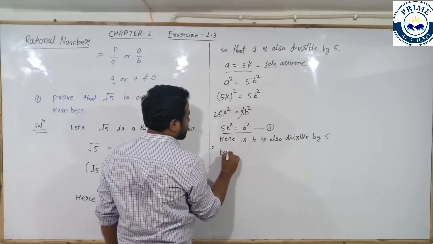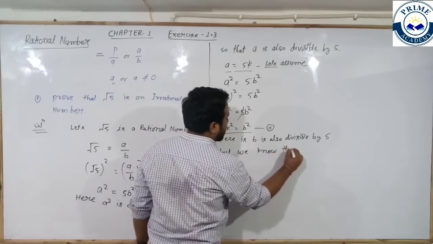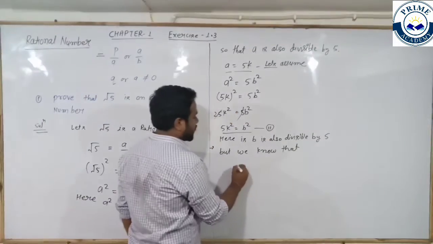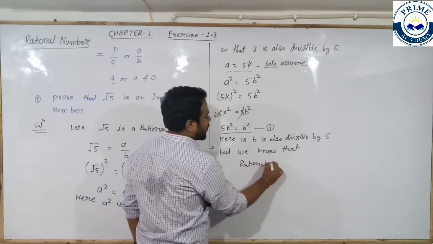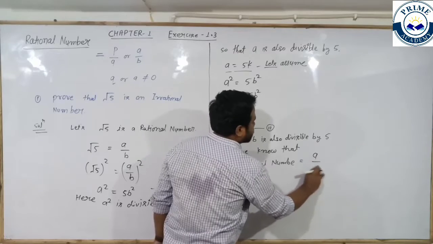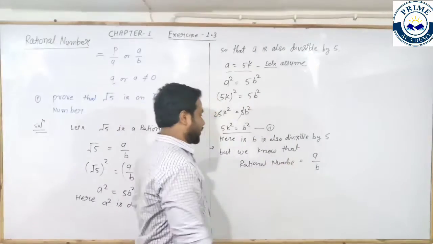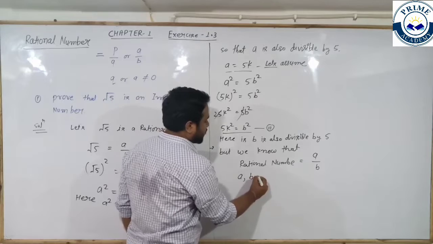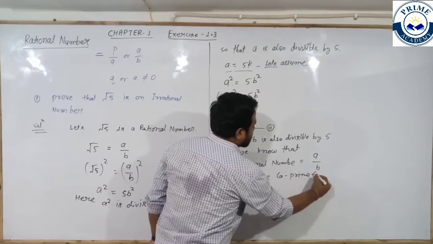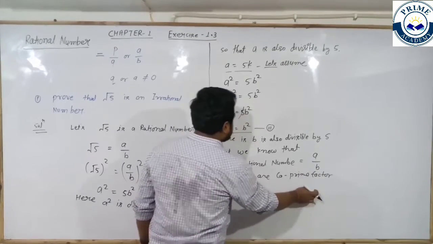But we know that in a rational number a upon b, a and b are co-prime factors.